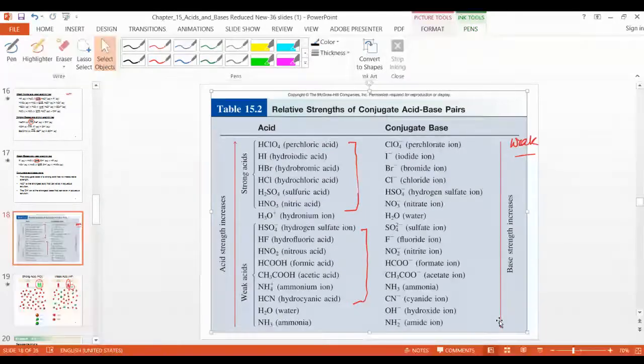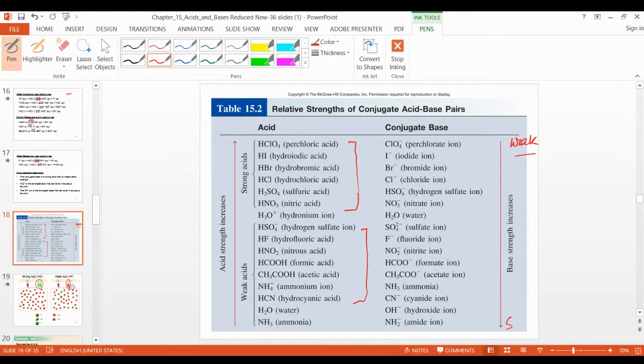And now this is strong. This is weak base. So if it is weak base, its conjugate acid will be strong. This is the conjugate acid. This is NH2- amide.